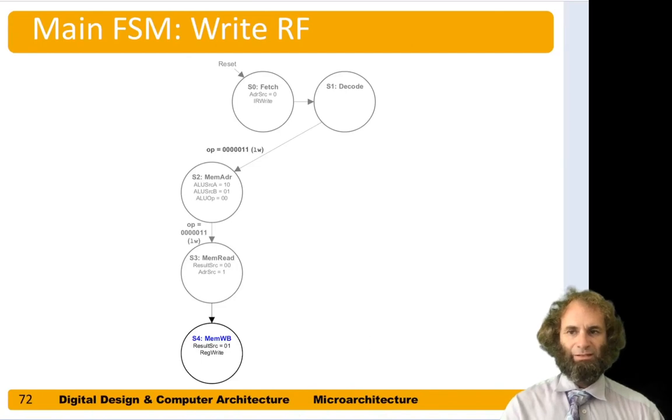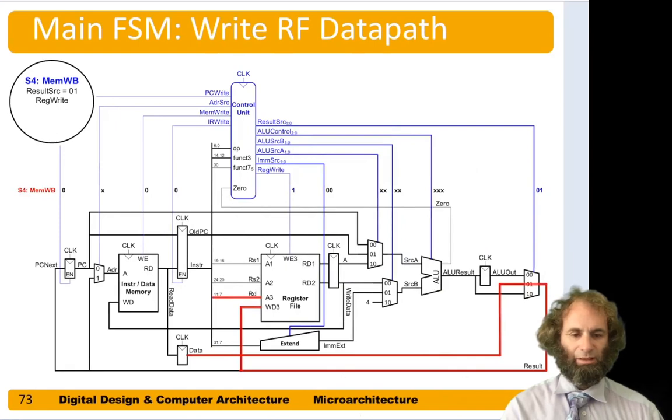Finally, it's time for step 5. So it's time to write the result back to the register file. And in this step, the value is sitting in the data memory. We need to choose it. So we'll go into the result multiplexer, choose that input 01, result source is 01, bring that as the value to the register file.